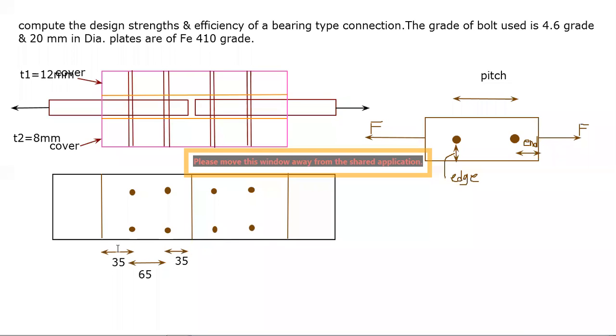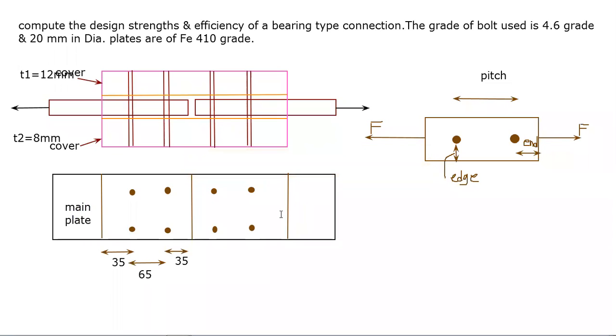So this distance is 35 mm, this distance is 65, this distance is again 35. Okay, so this type of things are given in this numerical and this is your main plate in top view. And in top view you can have this symmetrical shape.